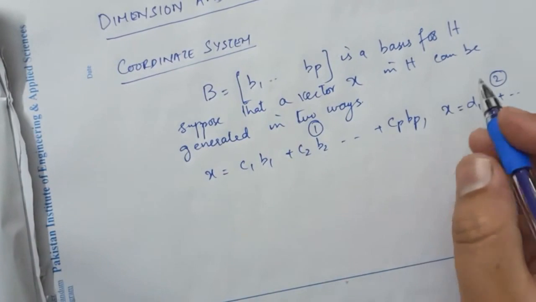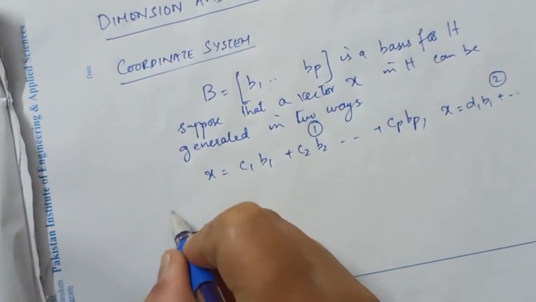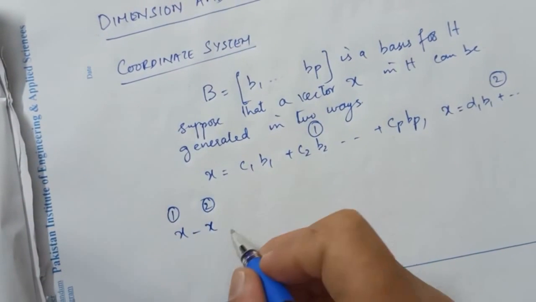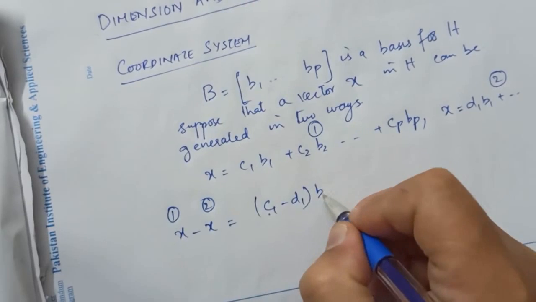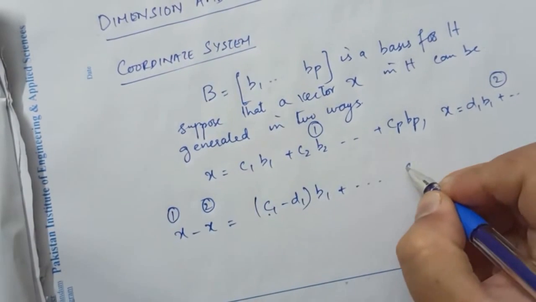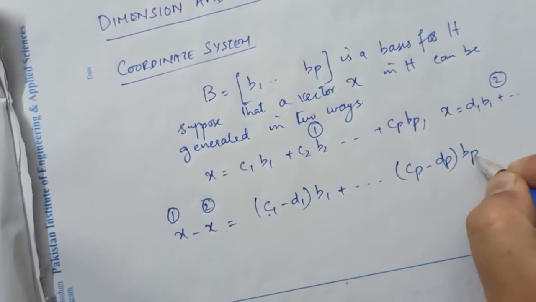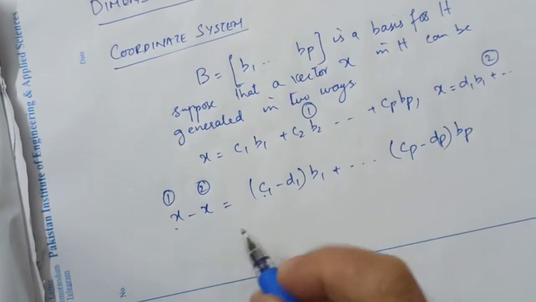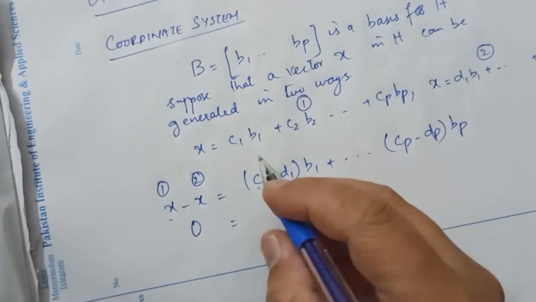Now the thing here is, if I subtract X minus X, meaning 1 with 2, this becomes (C1 minus D1)B1 plus up to (CP minus DP)BP, right? Because X is the same vector, this is actually 0.